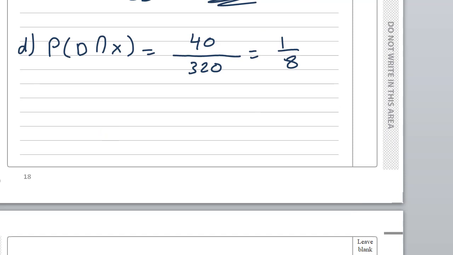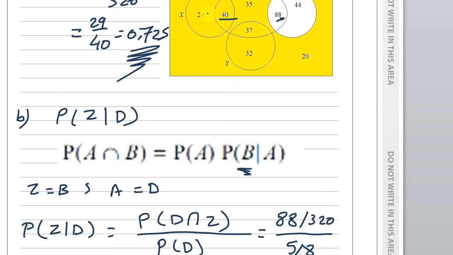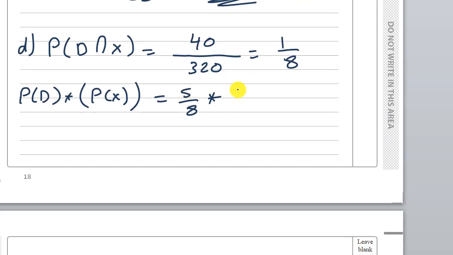Now let us find the probability of D multiplied by probability of X. The probability of D we already found before, which is equal to 5 over 8, multiplied by the probability of X, 24 plus 40, which is 64, divided by 320.